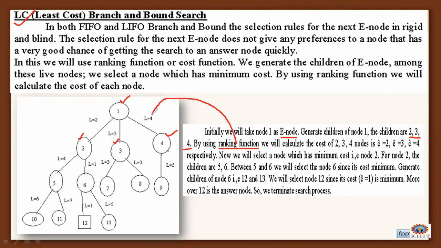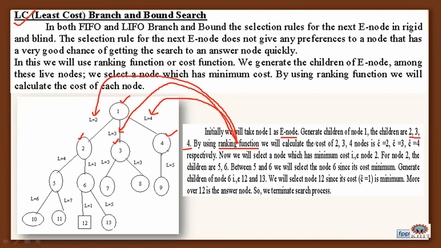By using the ranking function, we can find the cost of each and every node. The cost of 1 to 2 is 2. All three will be calculated by using ranking functions.